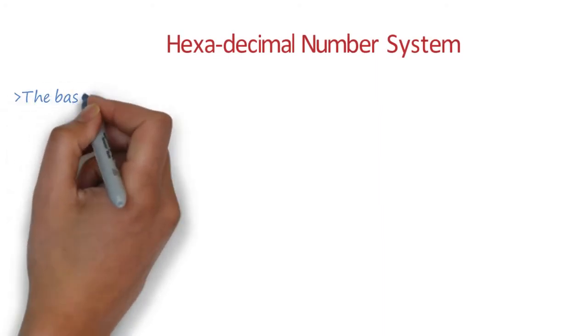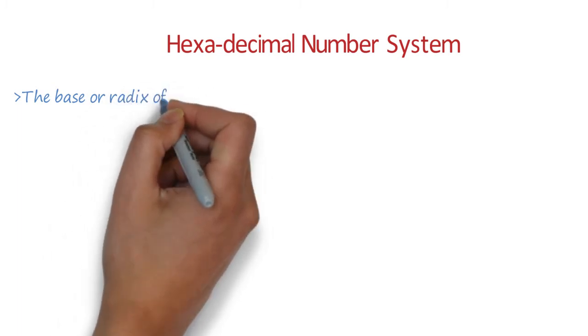The next number system is the hexadecimal number system. The base or radix of the hexadecimal number system is 16.